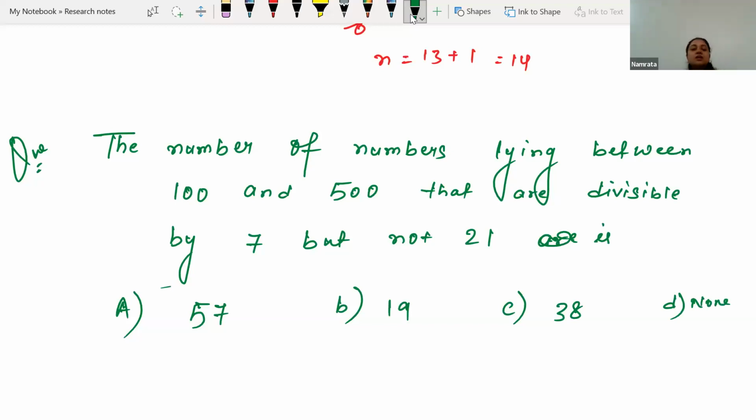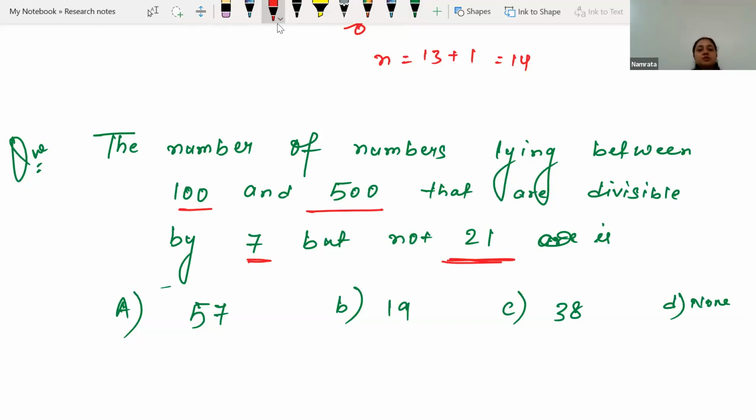Okay, let's understand the question at first. What exactly does the question say? The number of numbers, like number of terms, lying between 100 and 500, that are divisible by 7 but not divisible by 21.